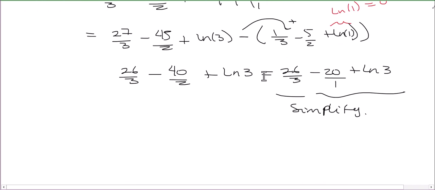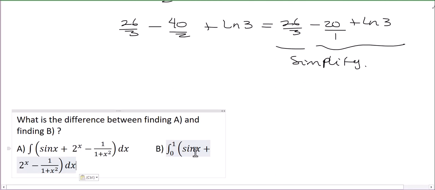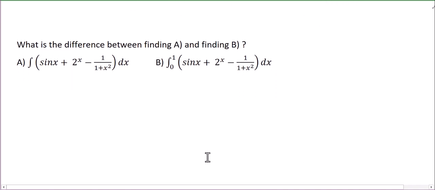And the last example, let's try the difference between a definite and an indefinite integral. So what is the difference between a and b here? So if I have just the integral of sine x plus 2 to the x minus 1 over 1 plus x squared.